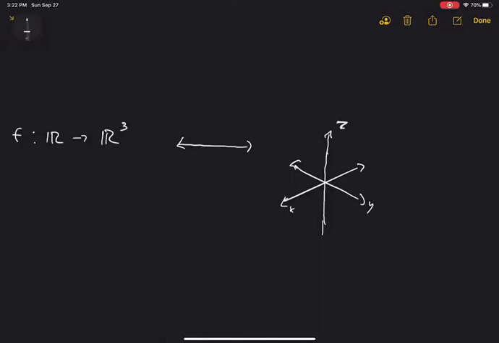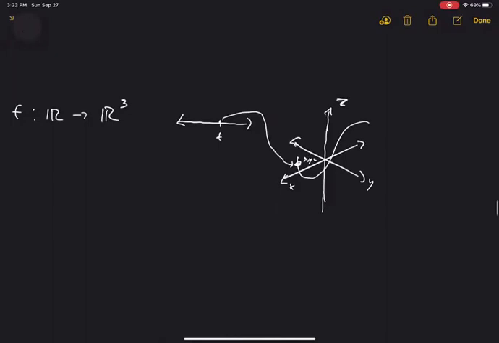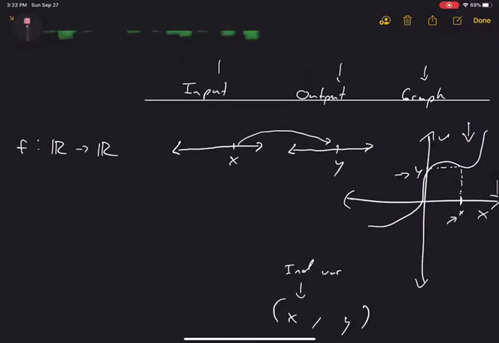My function was saying, I'm going to take this t and pair it up with, maybe I had a curve in R3, this x, y, z.